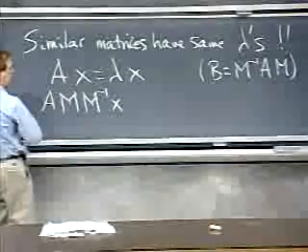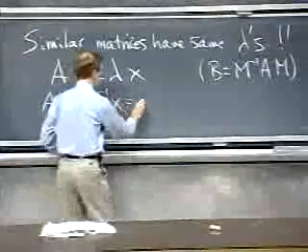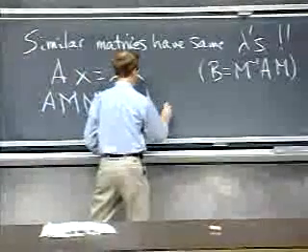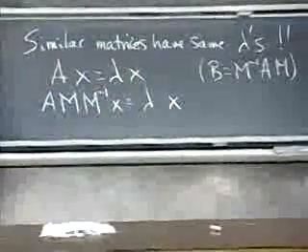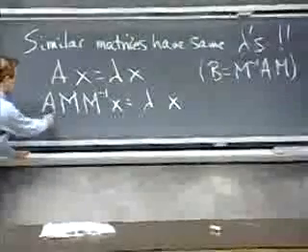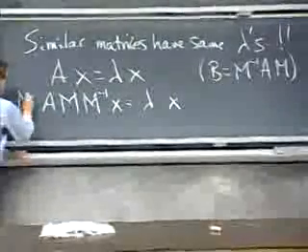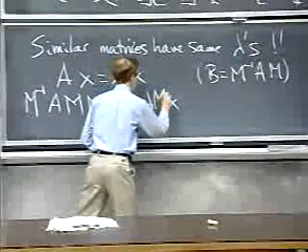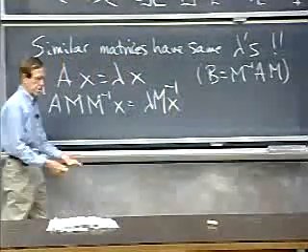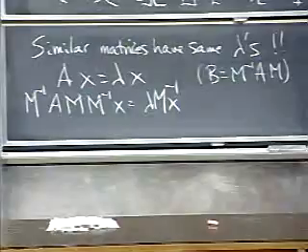I haven't changed the left-hand side, so I better not change the right-hand side. So everybody's okay so far. I just put an M. So now I'll multiply on the left by M inverse. I have to do the same to this side. And that number, lambda, is just a number, so it factors out in the front.